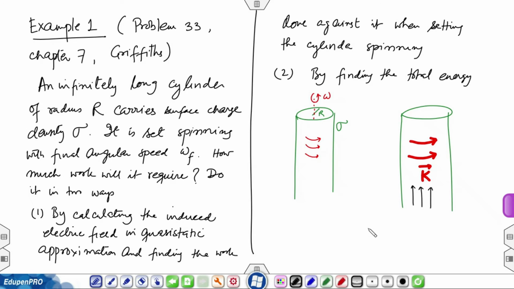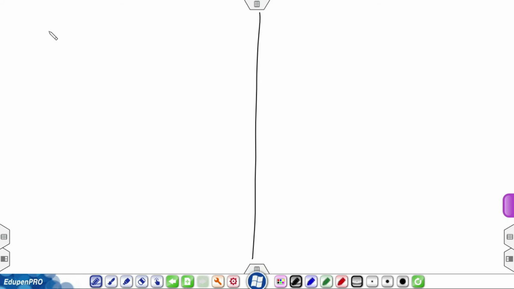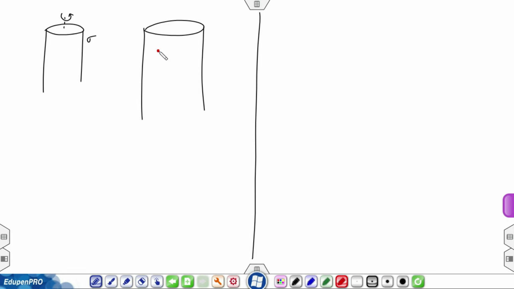So, as we increase omega from 0 to omega final, the corresponding B changes, and this gives rise to an induced E. So, here is the cylinder with sigma, radius r, and it is being given a spin omega, and therefore, in the cylinder there is this K being set up, and this gives a changing magnetic field.